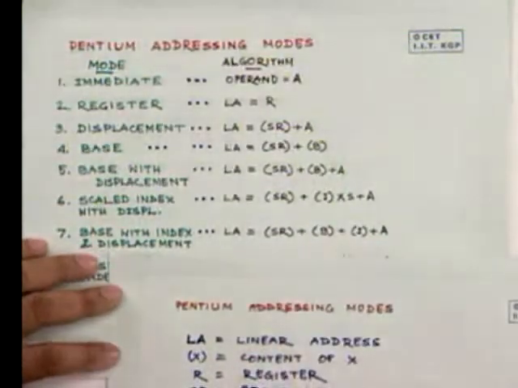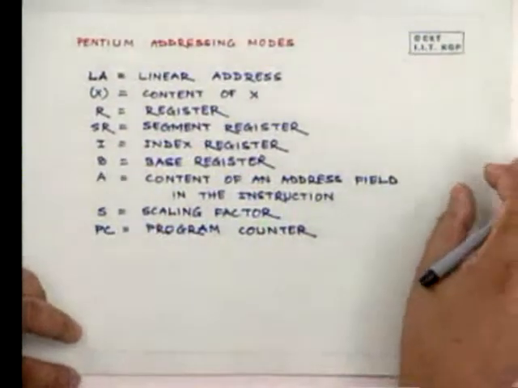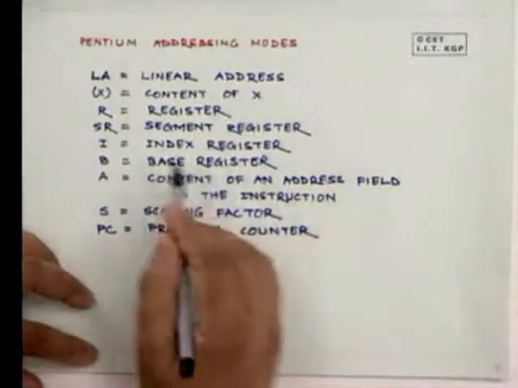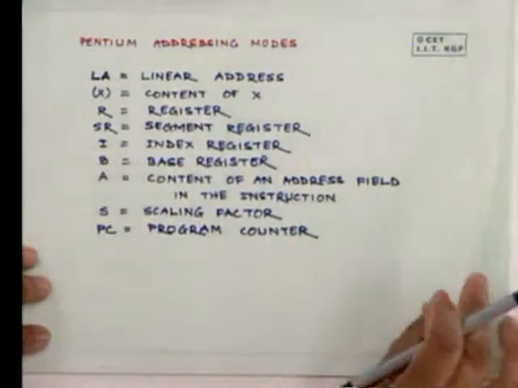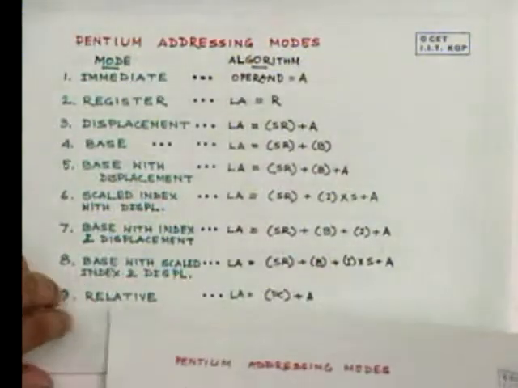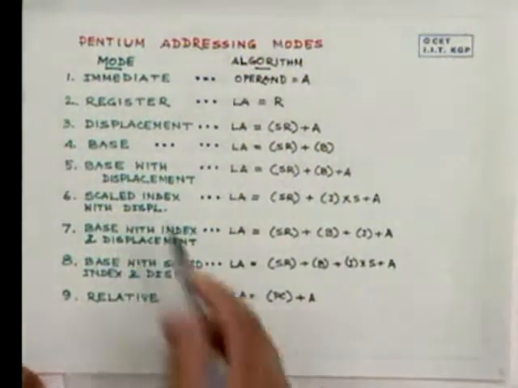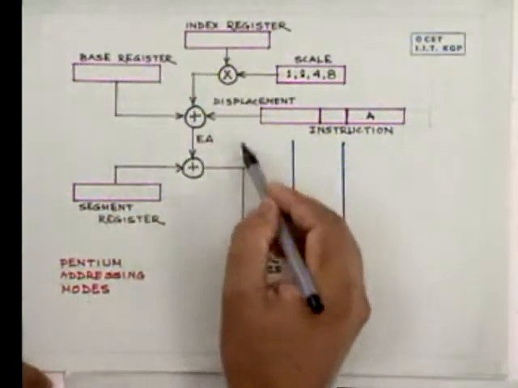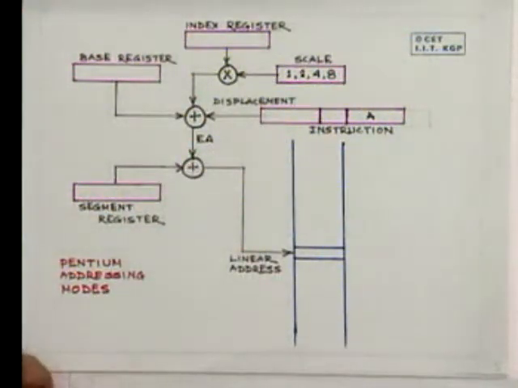Take this as an explanation of the different symbols that have been used here, and use it to see from this diagram how the address is being computed. This will be self-explanatory.